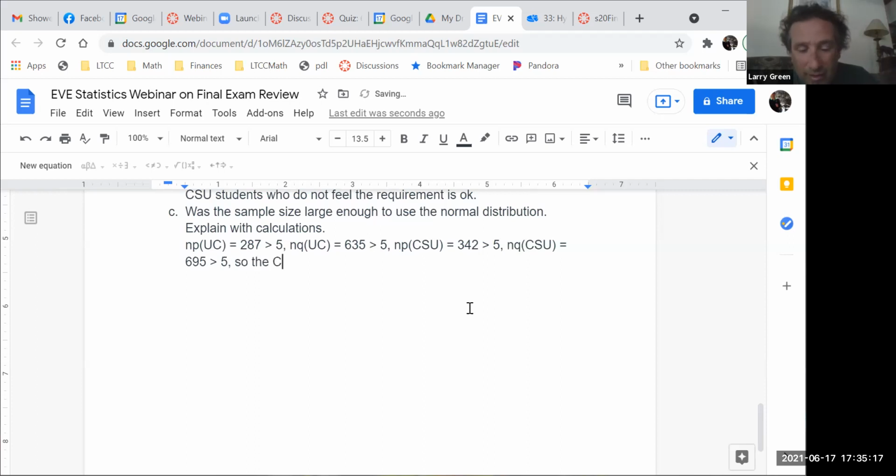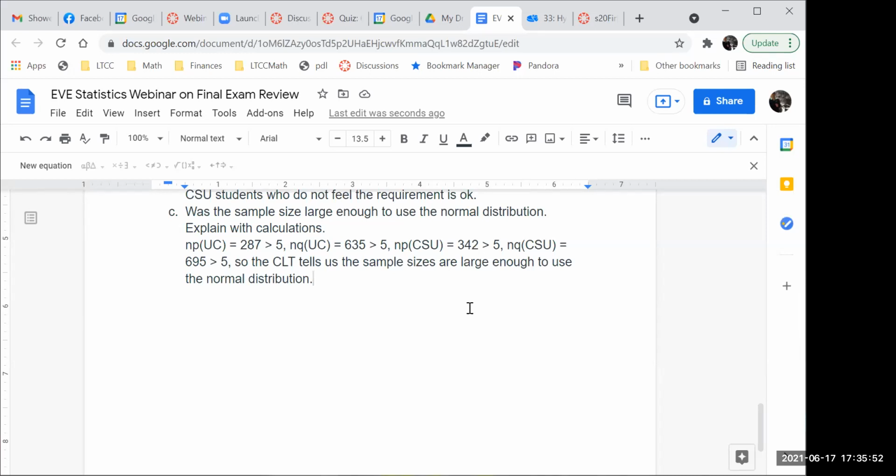So the central limit theorem tells us the sample size is large enough to use the normal distribution. Any questions on that? Does that answer your question completely? Yes. Okay, good.